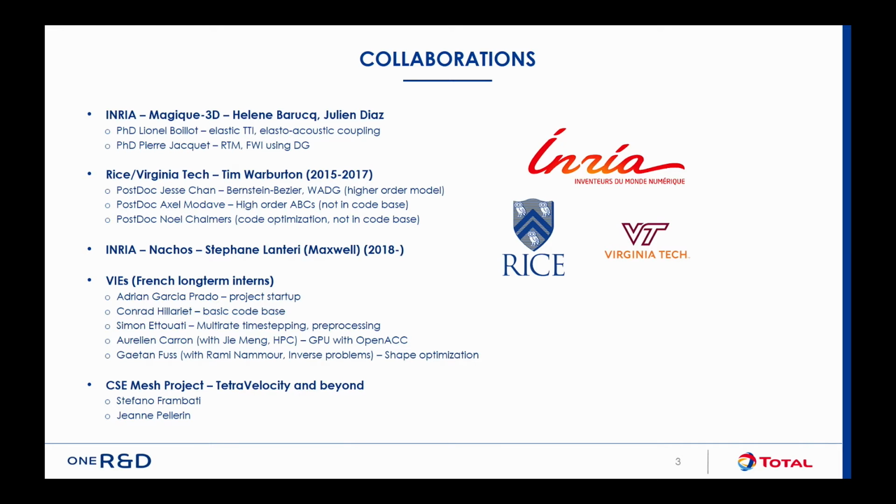And we also have a collaboration with Tim Warburton's group when he was here at Rice, and also at Virginia Tech, with postdoc Jesse Chan. So most of the things that speed up the code originate from Jesse Chan, one way or another. And then we had a few more postdocs.